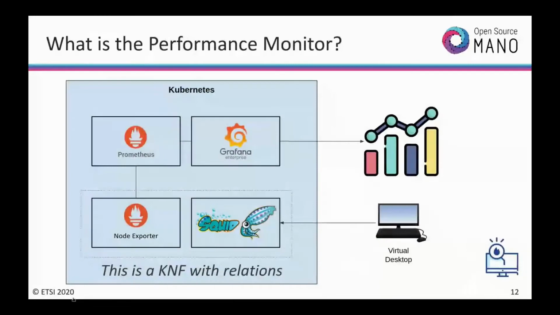Performance Monitor is a Kubernetes network function with relations. So this is using Prometheus with a Grafana, for those that may not have heard of Grafana before, a web interface that allows for the plotting and visualization of data.